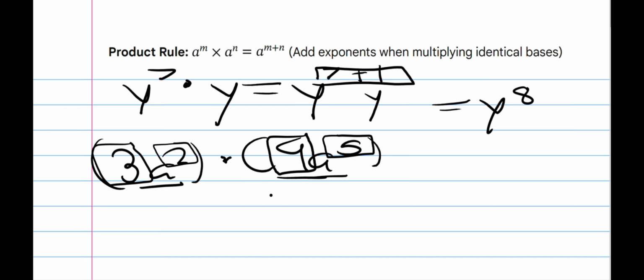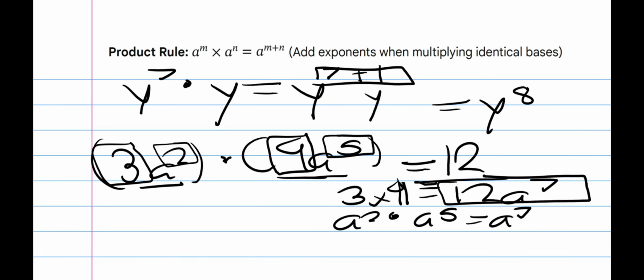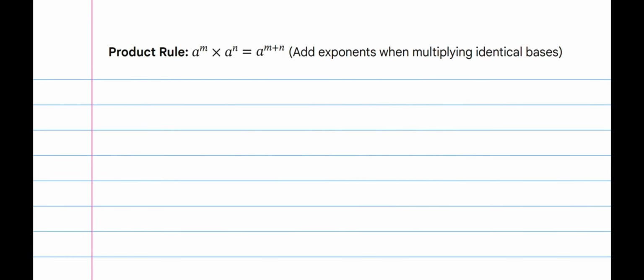You can still get a product of this. If you multiply these two, first you would get 12, because 3 times 4 is equal to 12, and a squared times a to the power 5 is equal to a to the seventh. You would get 12a to the power of 7. That's all you need to do.